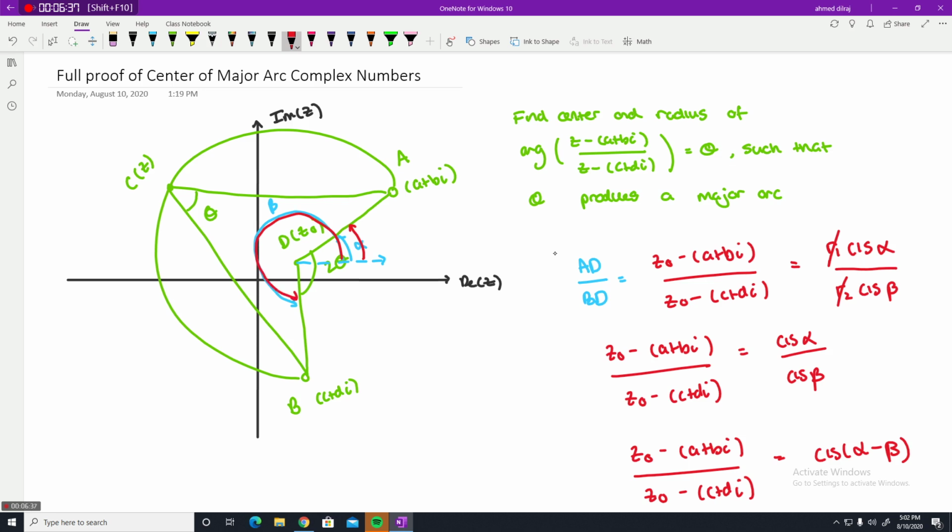If you take this entire angle and you subtract it from this entire angle, what you're going to be left with is the negative of this angle. And the negative of this angle is the negative of 2 pi minus 2 theta, which simplifies to 2 theta minus 2 pi. So that's this angle, alpha minus beta.